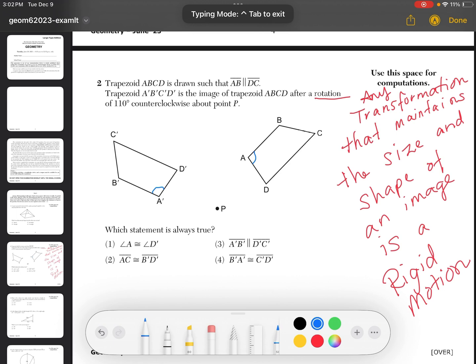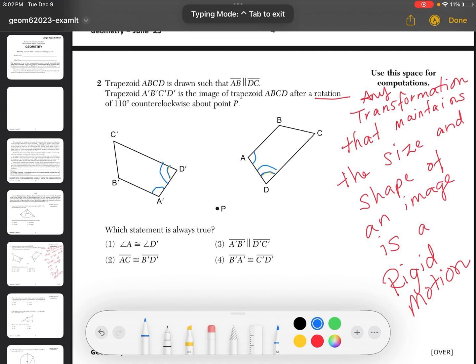And if A is congruent to A prime, I could go further and say that D is congruent to D prime. Usually we mark these things like this because we don't have different colors on our Regents.